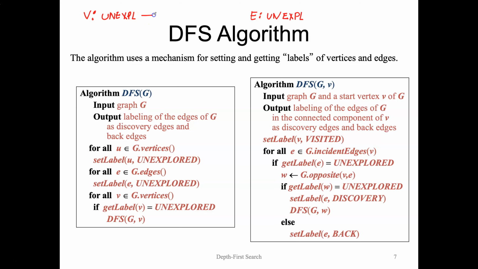Once we get to them, we'll mark vertices as having been visited. So we've encountered that vertex. Remember, we're only going to visit a vertex exactly once. And for edges, we're going to mark them as visited in a different way. We're going to label them one of two possible things. Either we'll mark an edge as being a discovery edge.